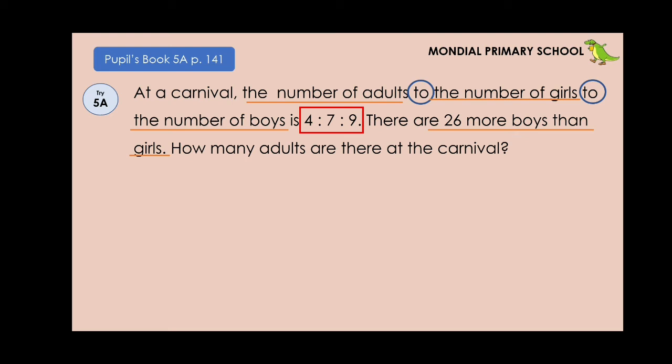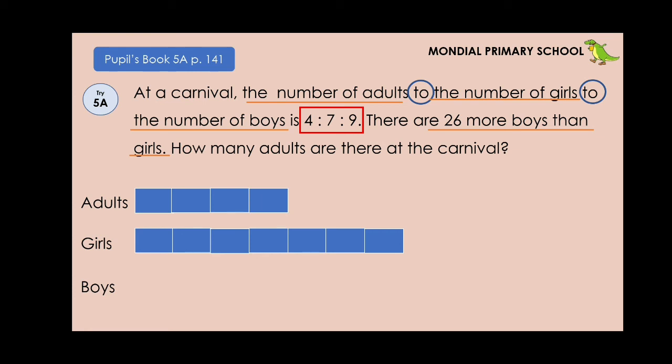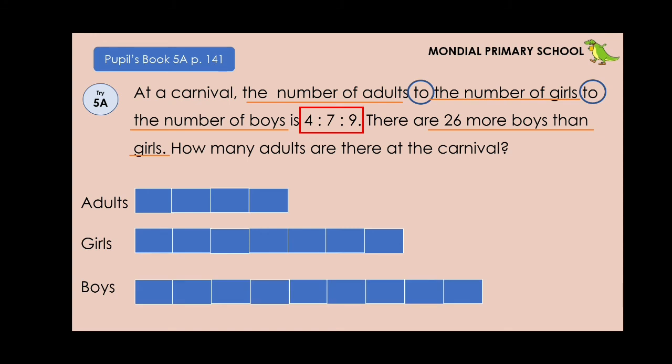How can we solve it? We can draw a model. Good job! What kind of model can we draw? A comparison model. How many units should we draw for the adults? 4 units, correct. How many units should we draw for the girls? 7 units, fantastic. How many units should we draw for the boys? 9 units, amazing.